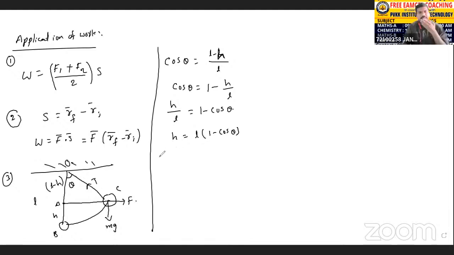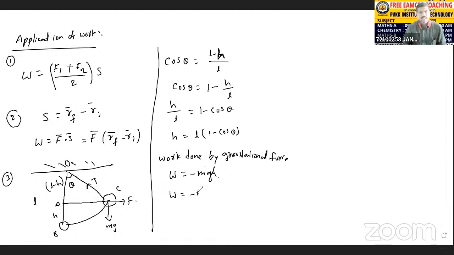So work done by gravitational force: W is equal to minus mgh.